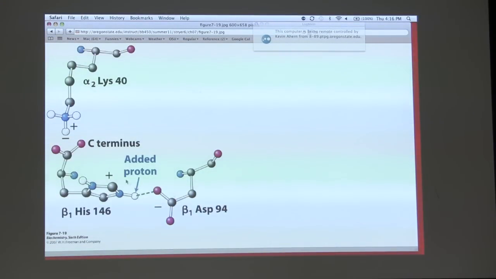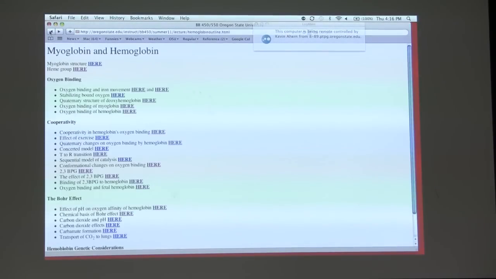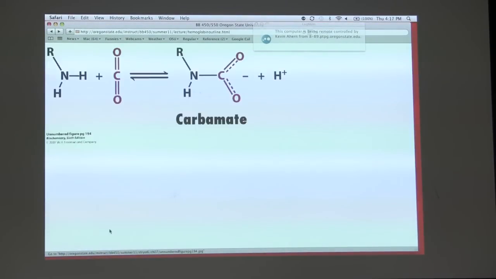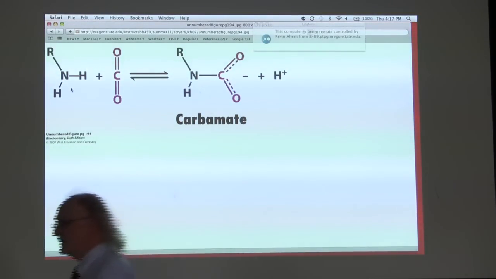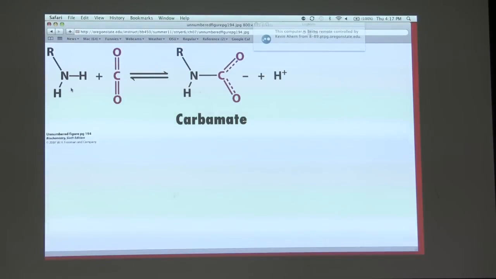Okay? There's other things that can happen with that binding of the proton. Look right here. Here is a group, it could be a histidine, for example, that has a proton on it. Another thing that's being produced by rapidly metabolizing tissues is carbon dioxide.